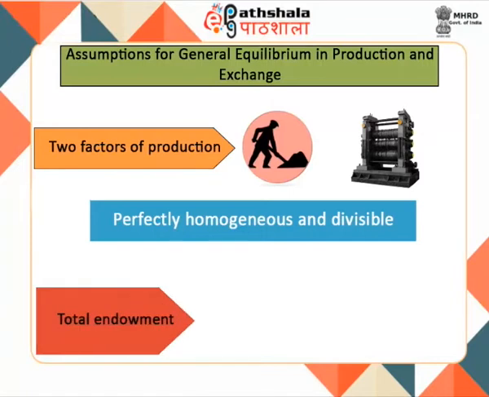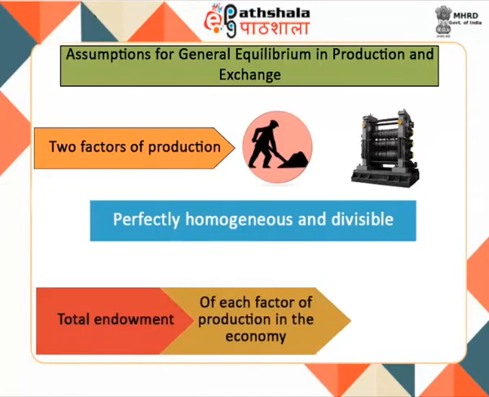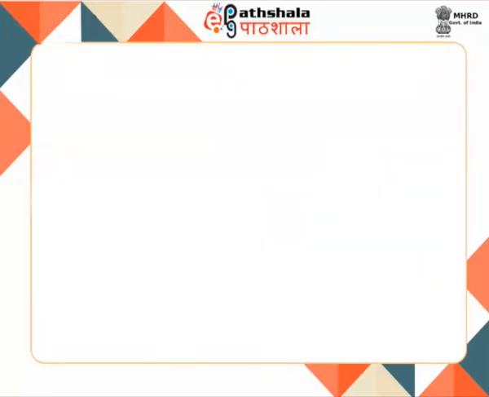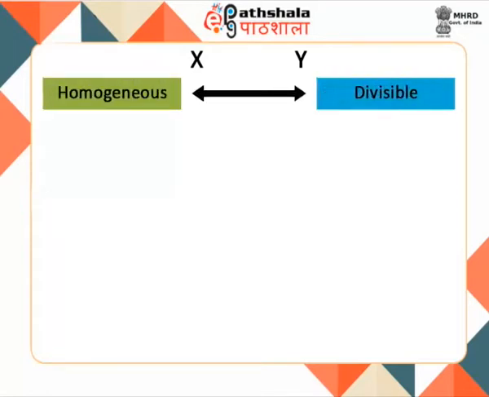The total endowment of each factor of production in the economy is fixed. There are two commodities, X and Y, produced in the economy. Each commodity is homogeneous and divisible.